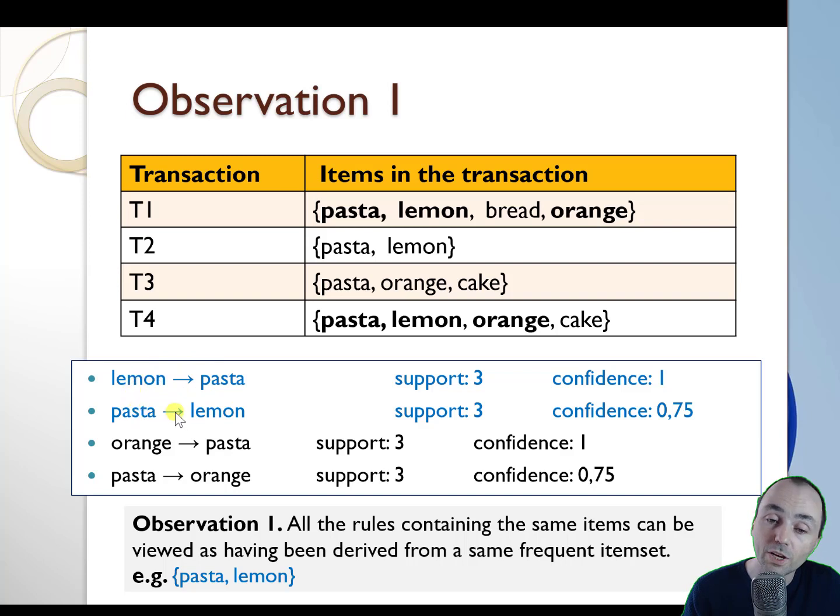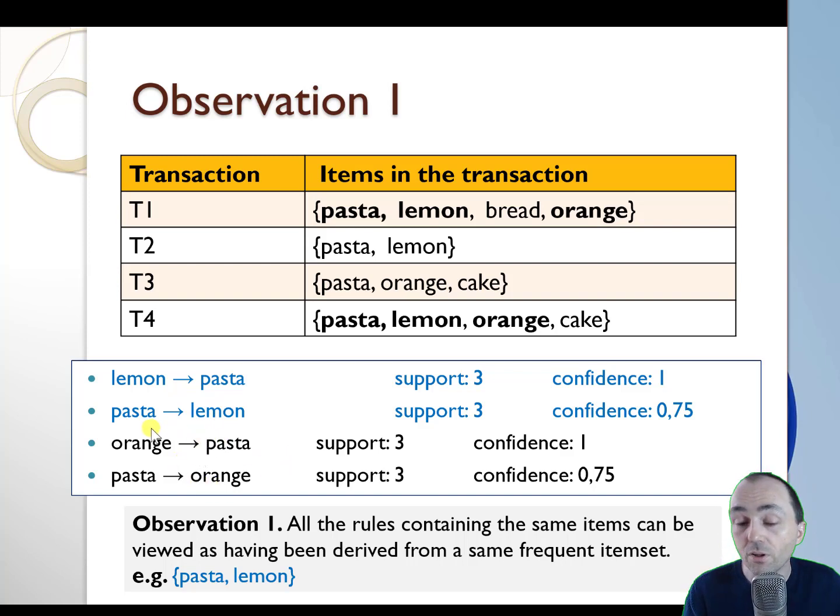These two rules, we can think about them as being derived from the same frequent item set, pasta lemon, because these two rules contain the same items, but we just changed the position of these items.